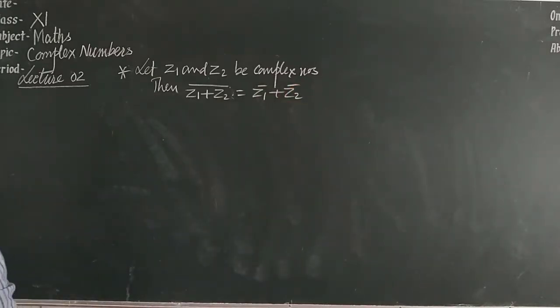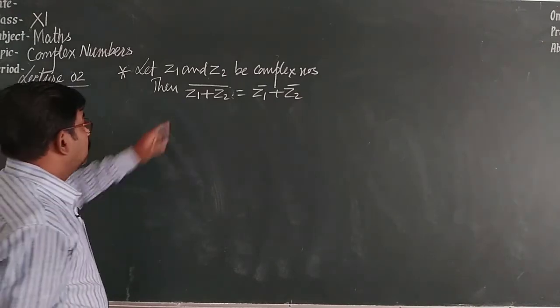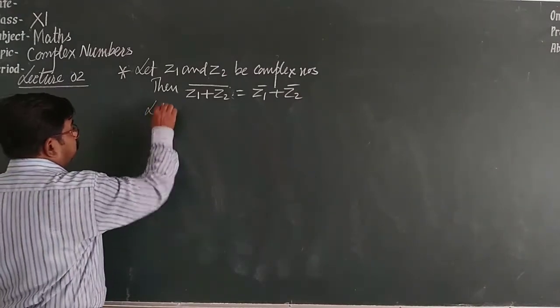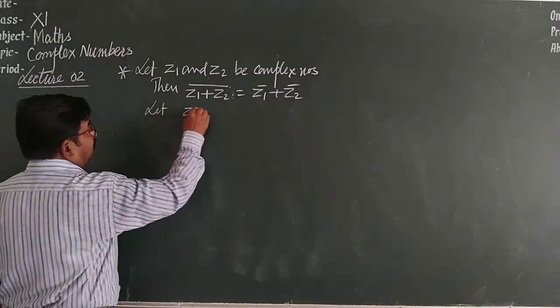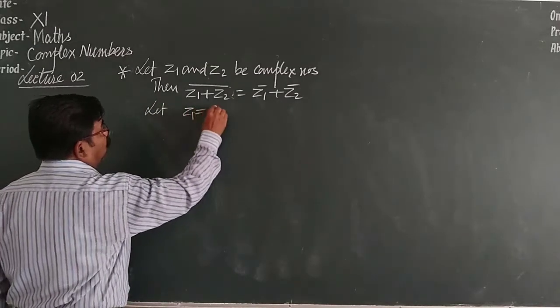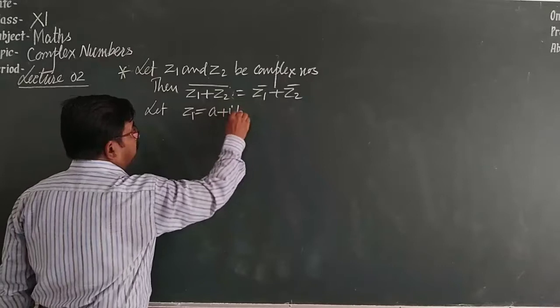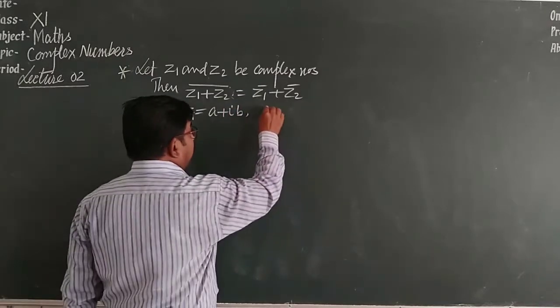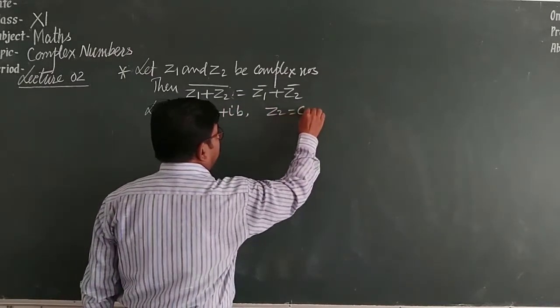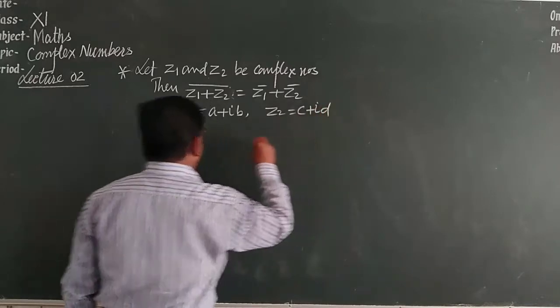This is the fact. Let's see. Let z1 is equal to a plus ib, z2 is equal to c plus id.